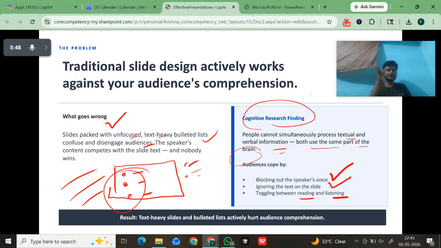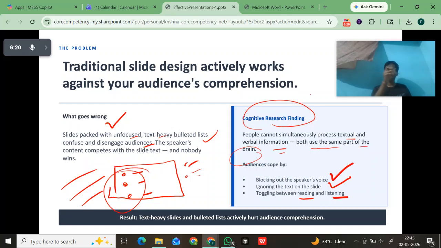How do we design a presentation that supports the narrator without loading too much, right? Let's say there is only one graphic and one text, and the speaker is speaking, so we can easily process it. Whenever we see a visual, that is the most effective way to teach any concept or theory, and when it is supported by the narration, it will be effective learning because we don't have to process much.